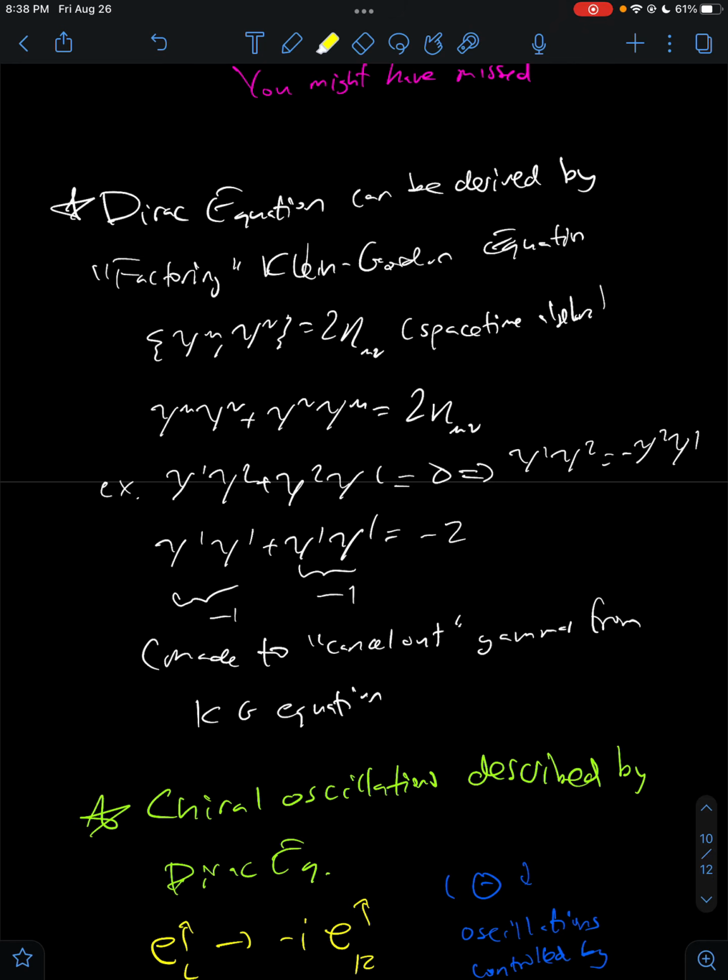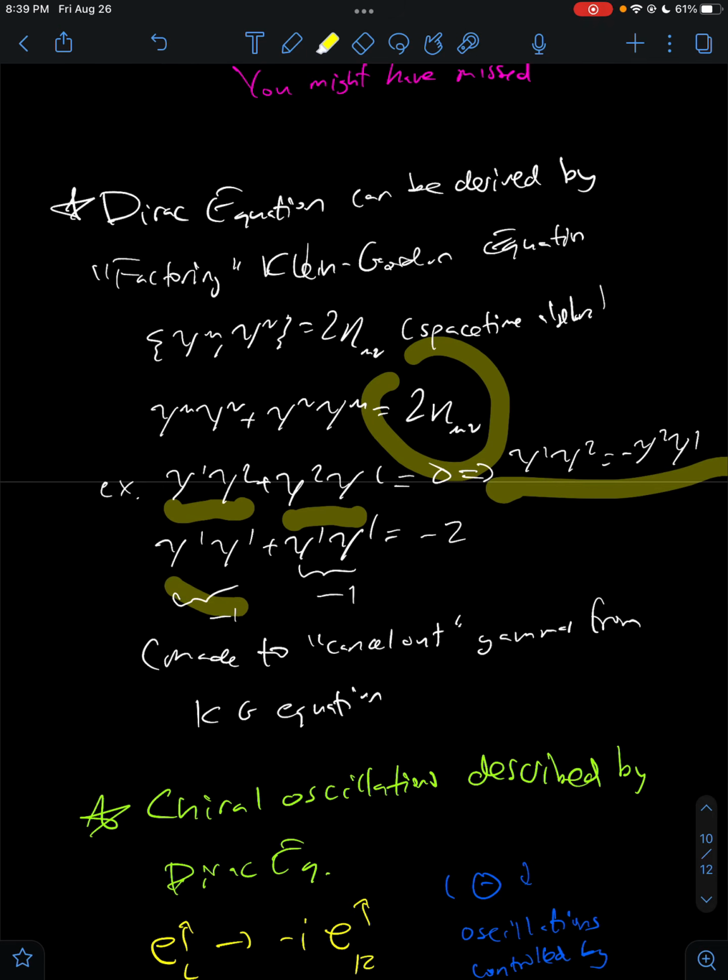Here's an example: gamma 1 and gamma 2 anti-commute. And we sort of introduce the space-time algebra to cancel out the gamma matrices from the Klein-Gordon equation when we are expanding it out, so that we can factor it.